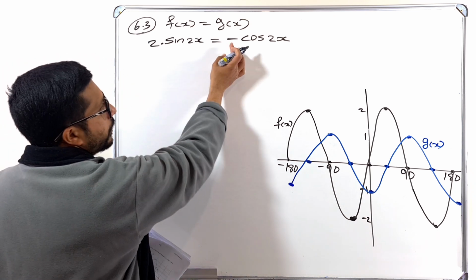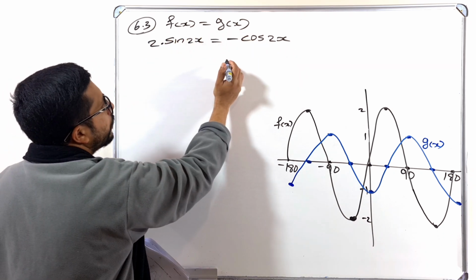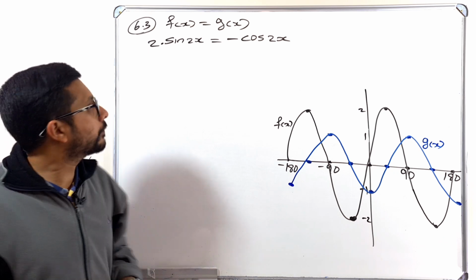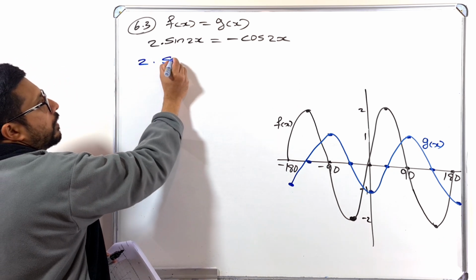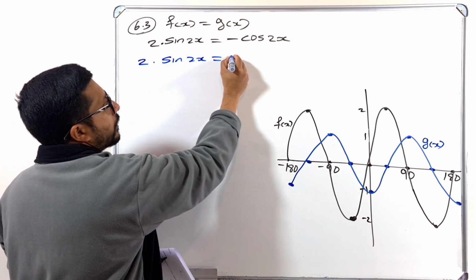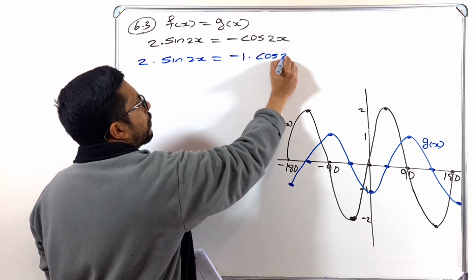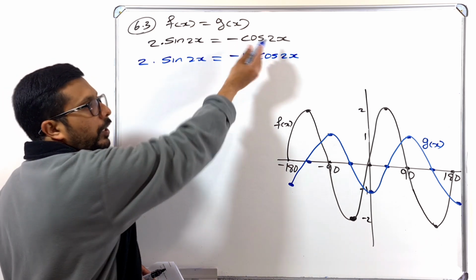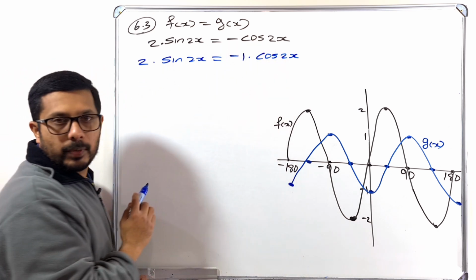To avoid confusion, let me write it like this: 2 times sine 2x is equal to minus 1 times cos 2x. Minus 1 times cos 2x is the same as minus cos 2x. Here it is multiplication, here also it is multiplication.